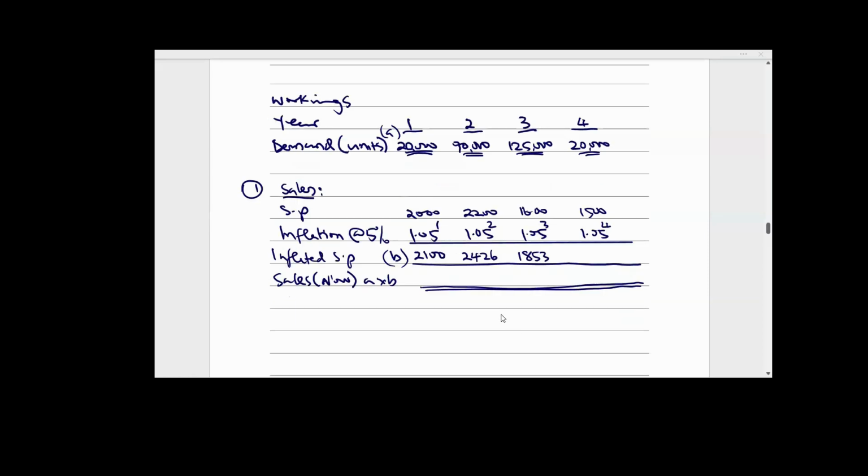So the next one, year 4, please. Year 4, 1823. So let's multiply with the number of units sold. 2,100 multiplied by 20,000. What do you have there? You pick it one by one. 42 million, figures are in thousands.